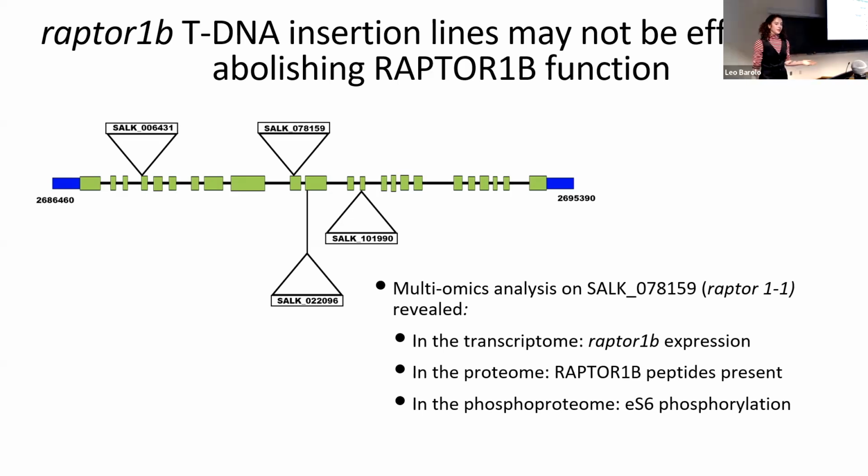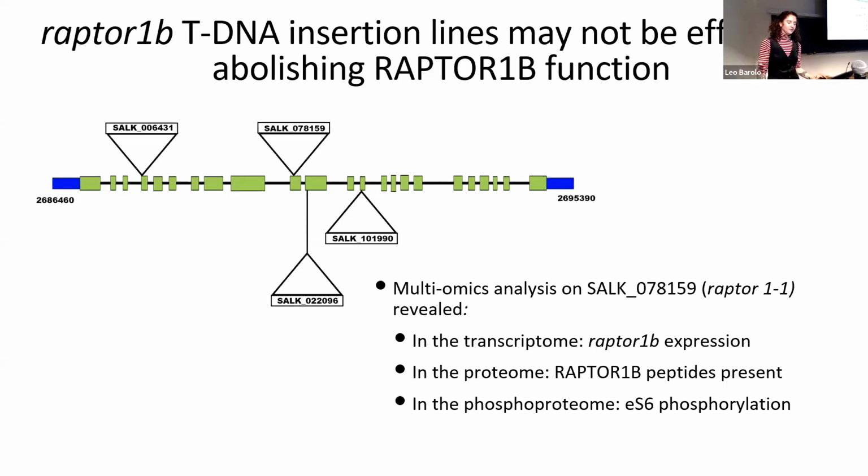Another reason that we think that this is the case, besides my own thought process, is that our lab did a multi-omics analysis on Salk 078159, which is this one right here, that a lot of these papers used in their studies, which is Raptor 1.1, generally referred to.